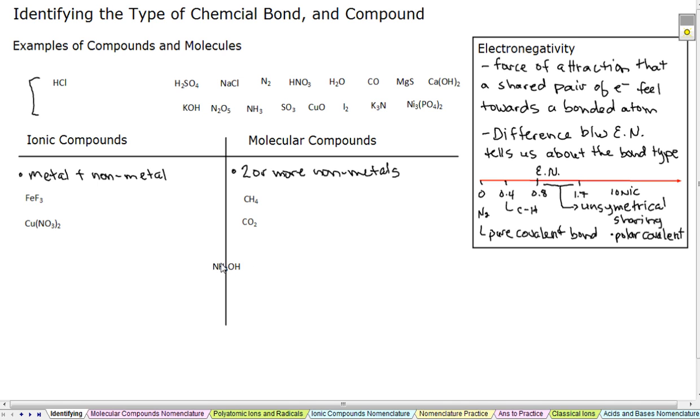So it acts like an ionic compound when it's in solution, but it's also a molecular compound. And so this is where we start to notice that the world of chemistry isn't always as cut and dry and as simple. But definitely take a second, maybe pause it here, and see if you can separate all of the different compounds into the correct group. So it might be a good time to pause it here.